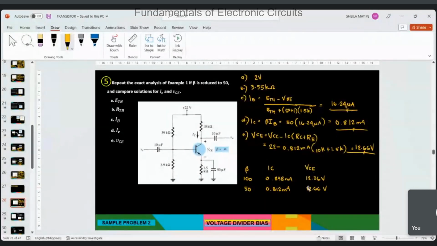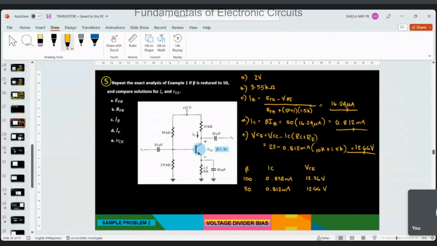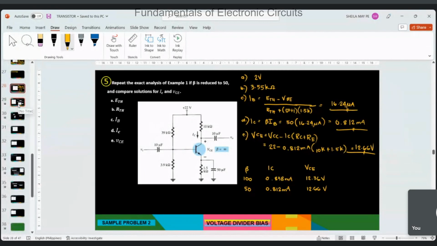Since we don't have any changes despite cutting the beta in half down to 50, there is no drastic change between our IC and VCE, therefore making this voltage divider bias exact analysis beta independent. Copy? Yes, miss.